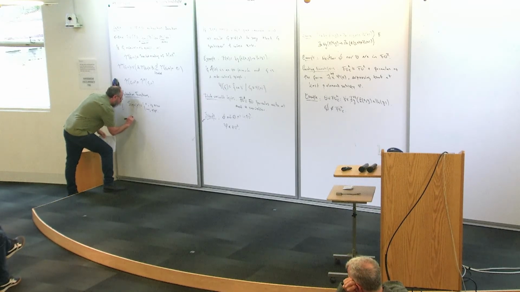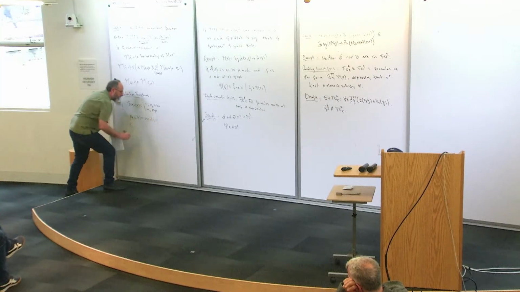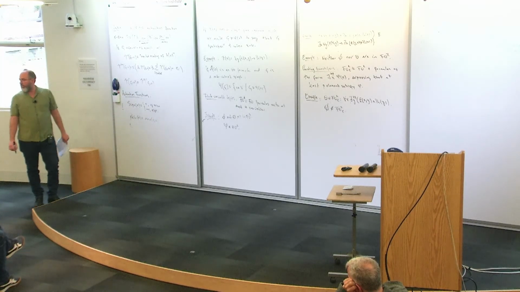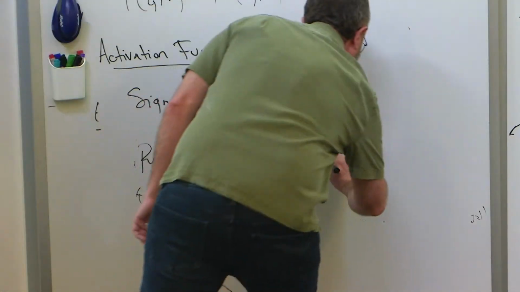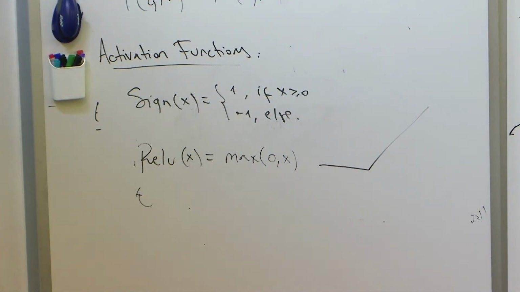So ReLU. The ReLU of x is the max of 0 and x. So this function is piecewise linear.